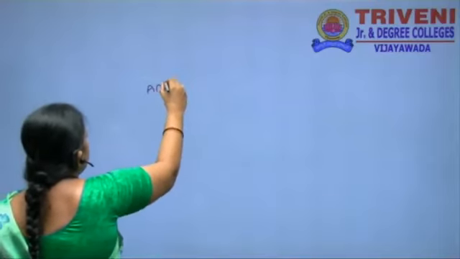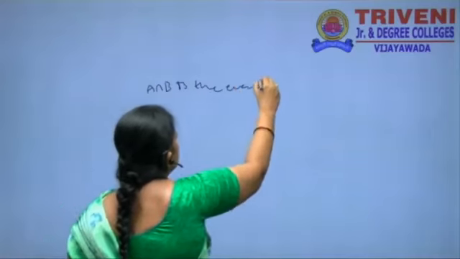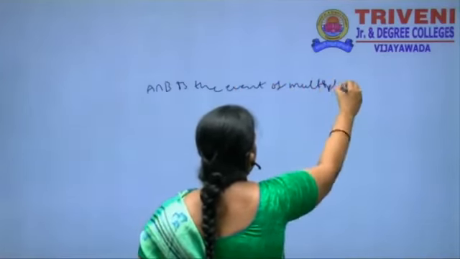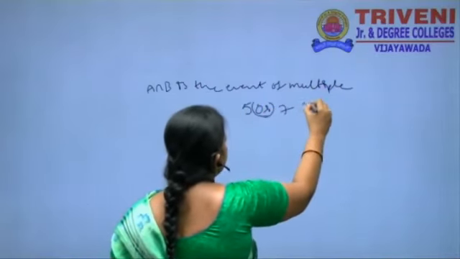A intersection B is the event of multiples of 5 and 7, which is 0.